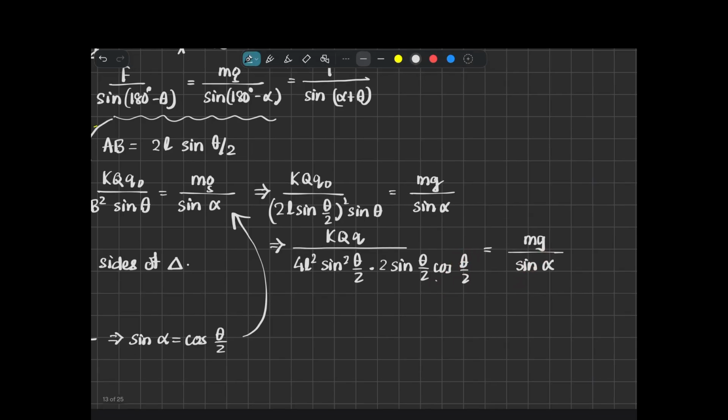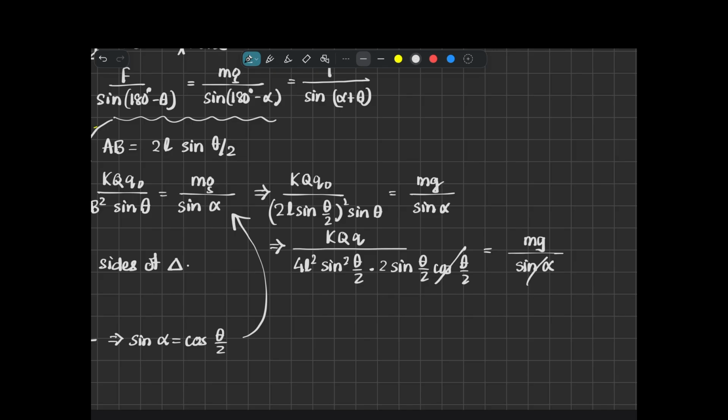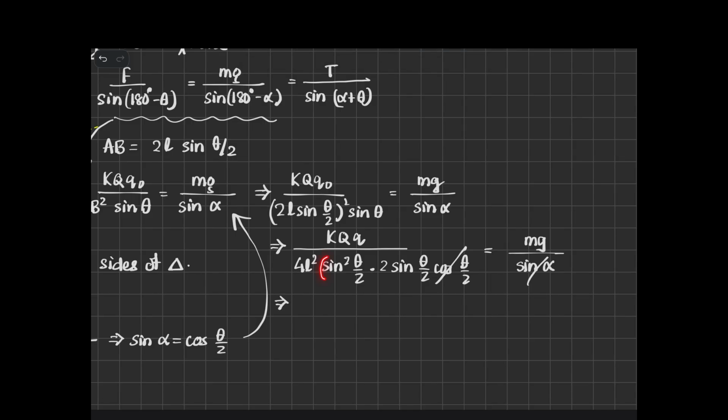So let's cancel them. This one and this one cancel. Look, here we have got sine square theta by 2 and sine theta by 2. So net sine cube theta by 2, I am taking to the right side.